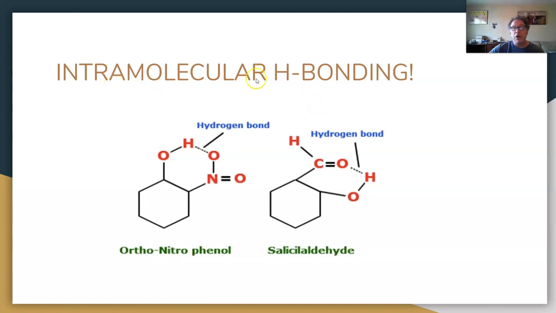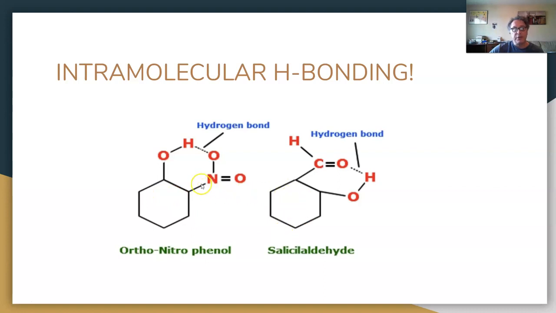Then there's a whole area of intramolecular hydrogen bonding. Intramolecular, within the same molecule. So this is the molecule ortho-nitrophenol. That's a benzene ring. There should be a circle here, and there should be a circle here.